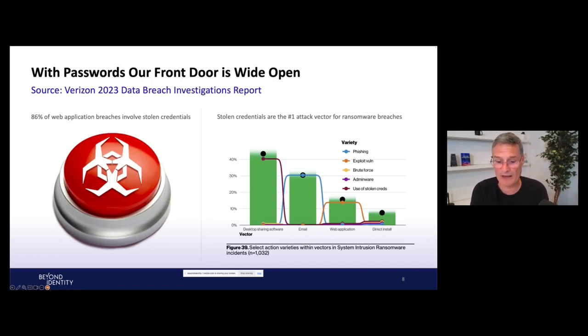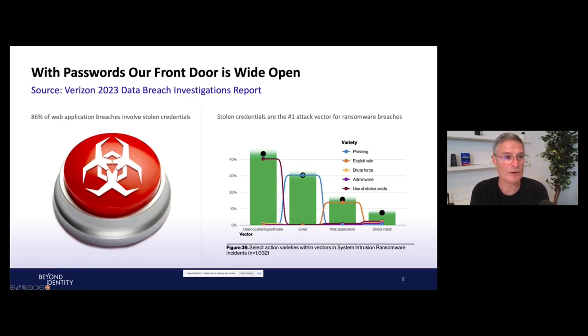But the top initial attack vector for ransomware is the use of stolen credentials to log in to desktop sharing or other remote access software, where the bad guy can then deposit the ransomware, or maybe even move laterally in the network and get to a particularly juicy target and then go. But the initial attack vector there is the same.